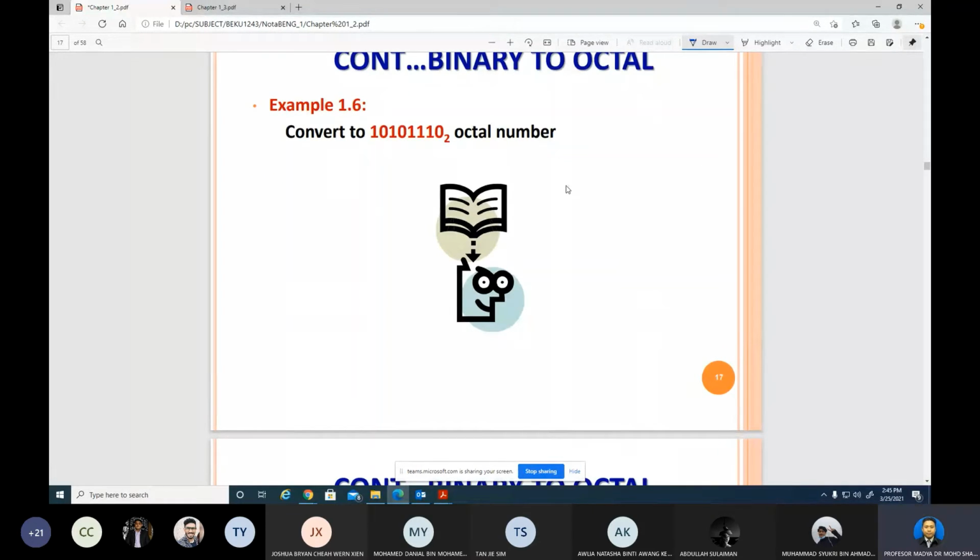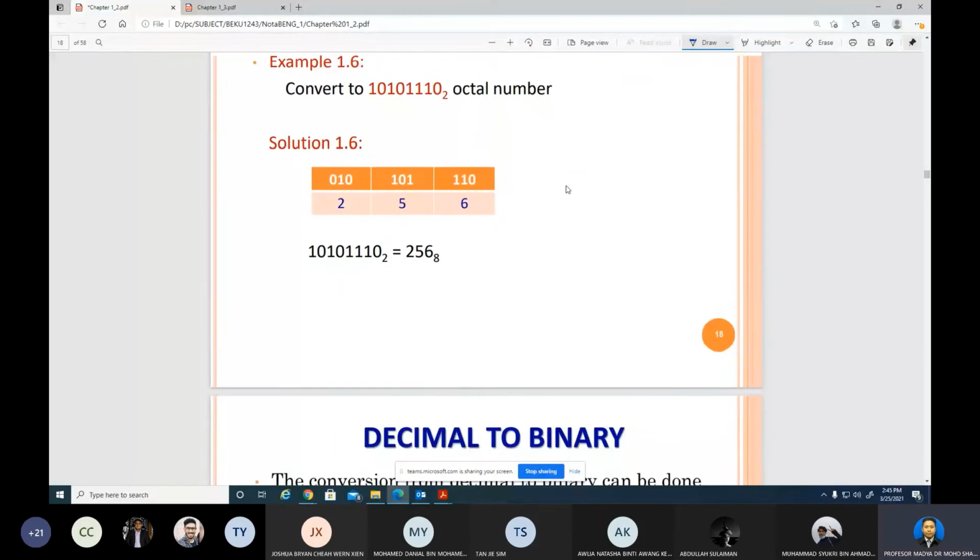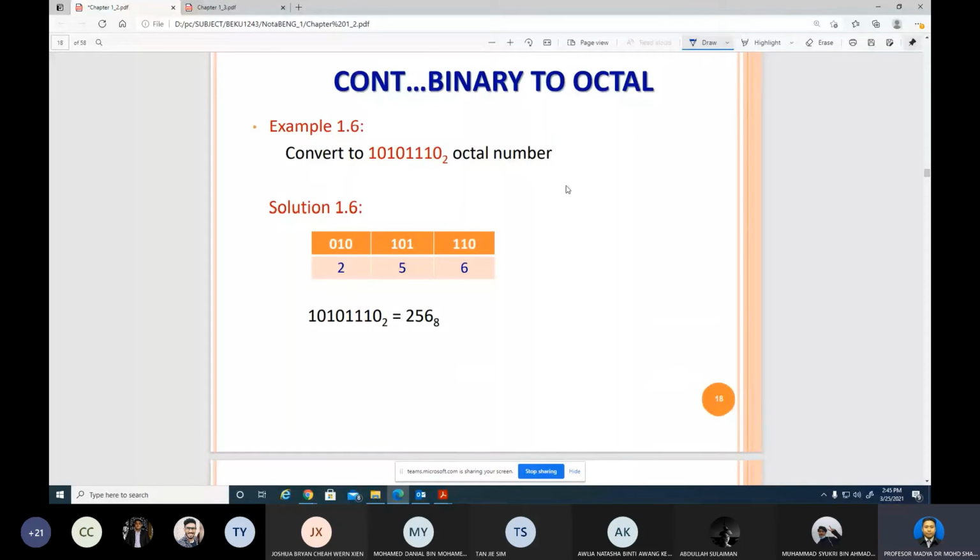I will show the example. You can use your calculator straightforward, but this one is the manual method: 1, 2, 3, this one value, 1, 2, 3, this one value, and then you can convert. You can convert using the calculator, or straightforward. So this is the answer.